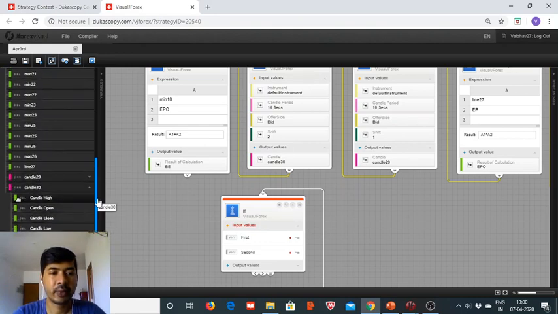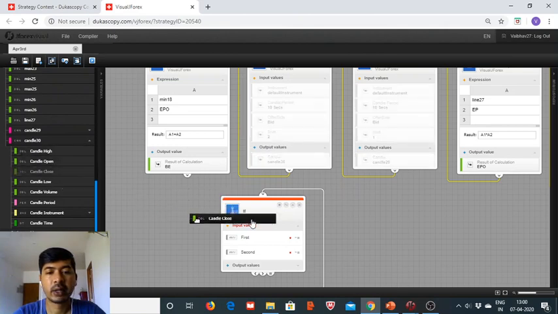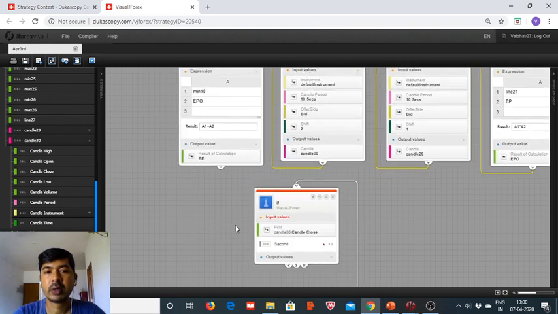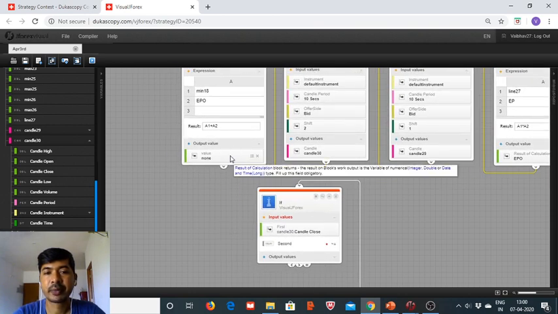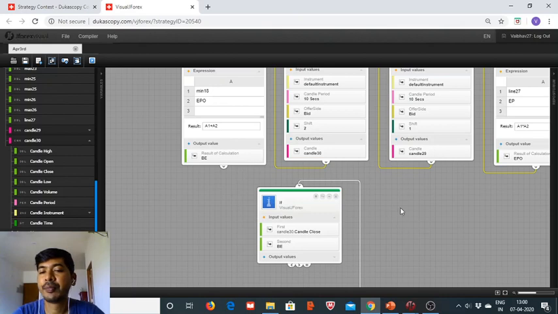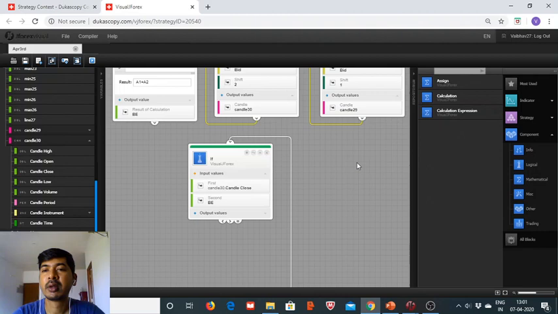We take candle 30's close. All right, we have candle 30's close, and it should be above, sorry, it should have been below the buy execution price. And we take another if block, an logical.